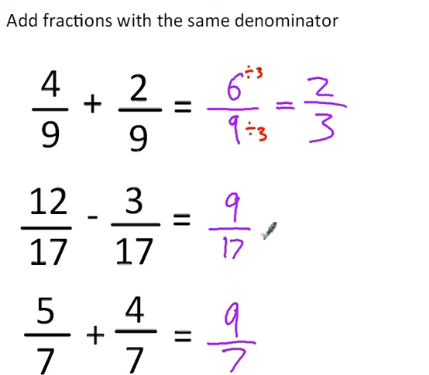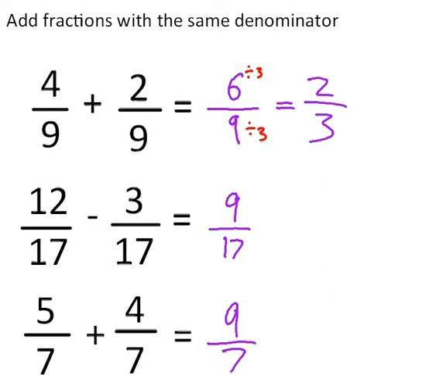This one, can I simplify it? Well, let's look for common factors of 9 and 17. There's nothing that goes into 9 that also goes into 17. Let's just quickly demonstrate that. I'll write out the factors of 9. I'll write out the factors of 17. Okay, the only common factor is 1, and there's no point in dividing the numerator and the denominator by 1, because what will happen? Well, let's just have a look. I'll just make my point.